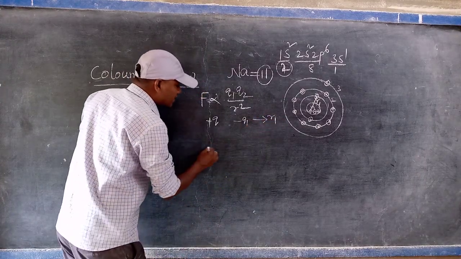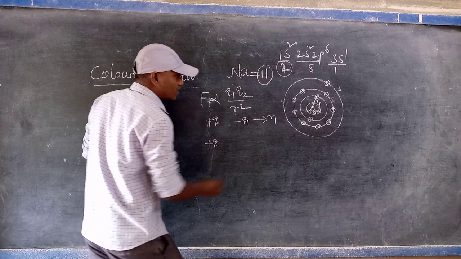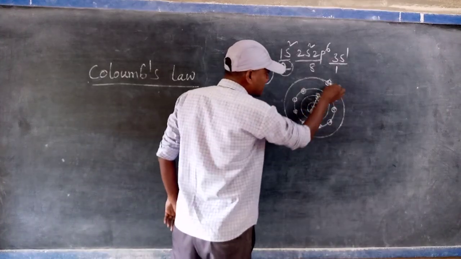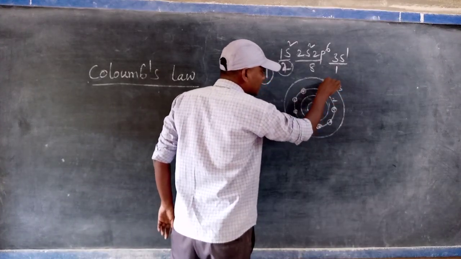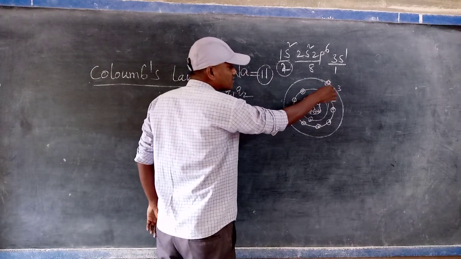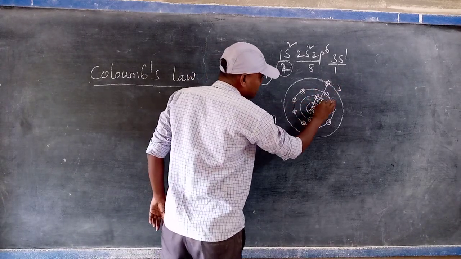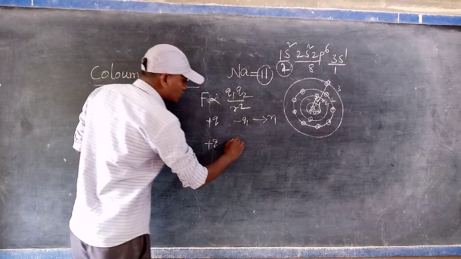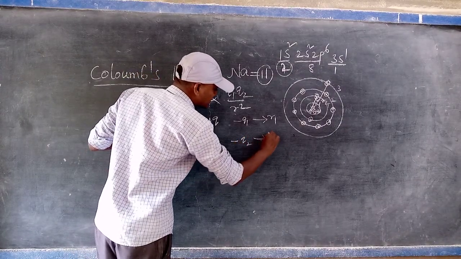Next, one of the electrons in the outermost or last orbit has charge minus Q2, and the distance is R2.